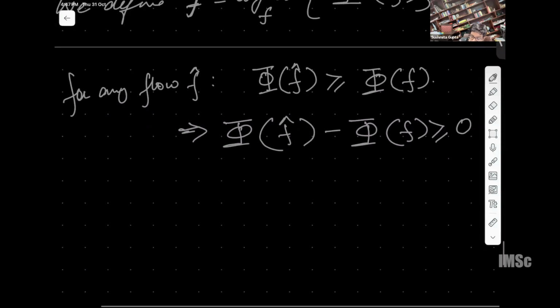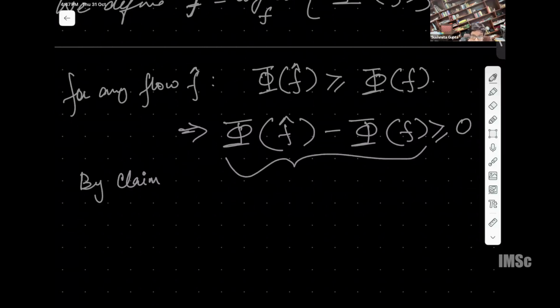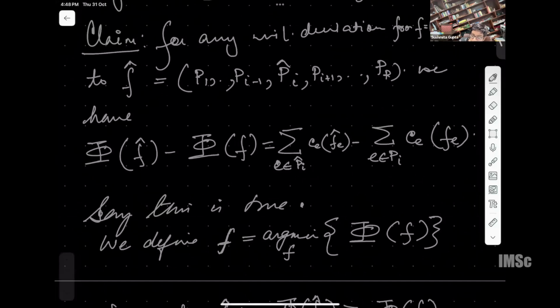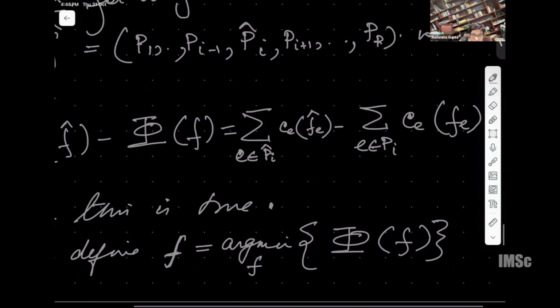But what is this left side by the claim? This quantity is what? Is it not the increase in cost due to agent i moving to this path pi hat instead of pi?